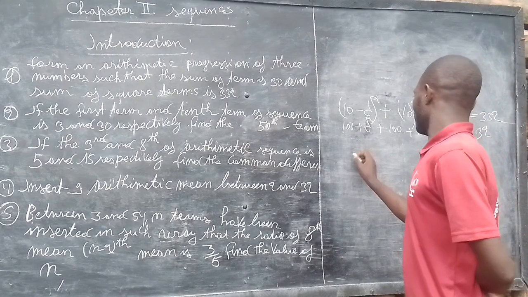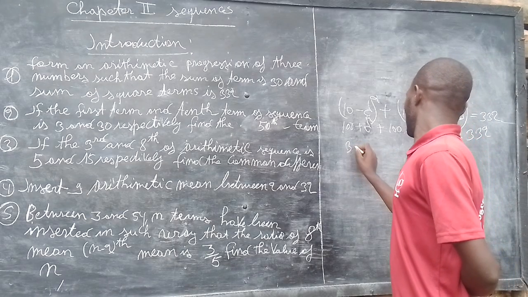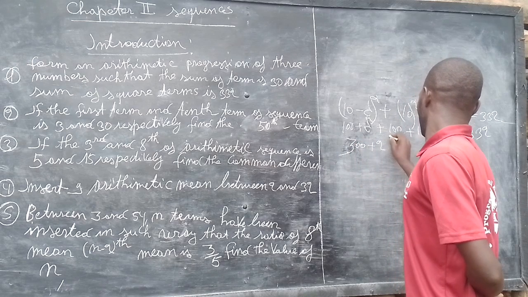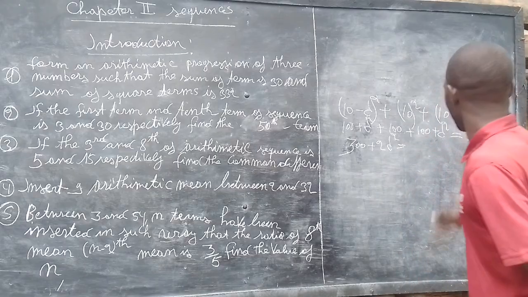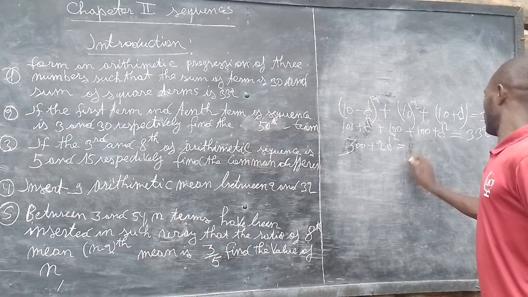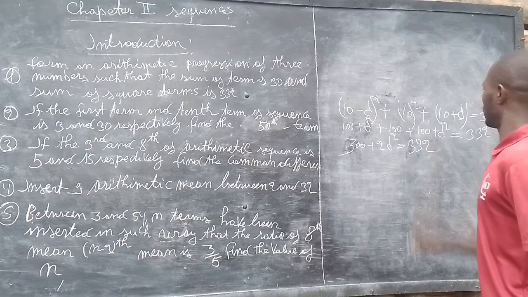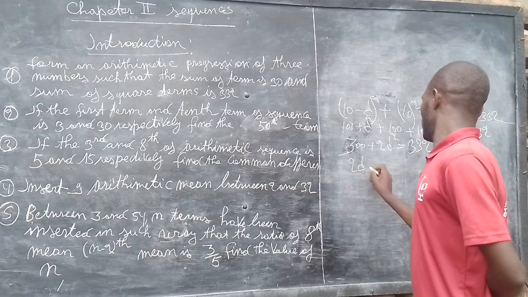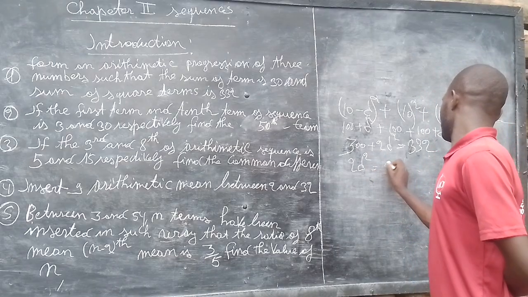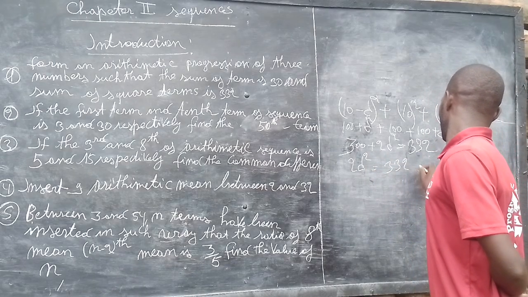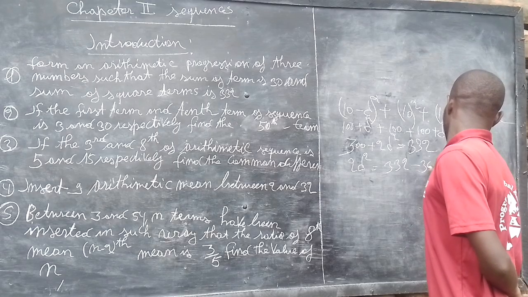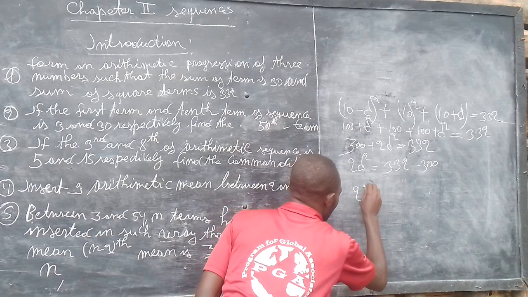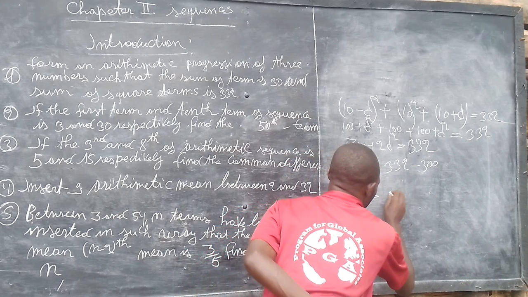So here we have 300 plus 2d squared, which is equal to 332. So 2d squared will be equal to 332 minus 300. 2d squared is equal to 32.